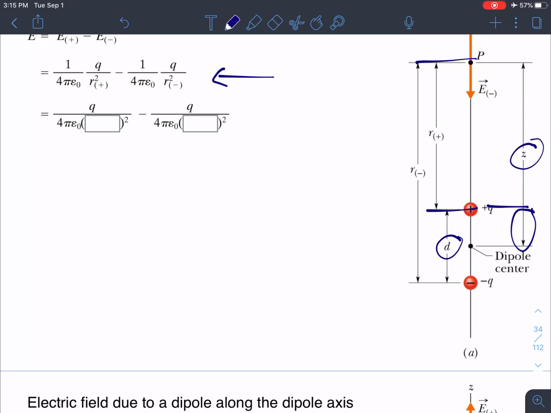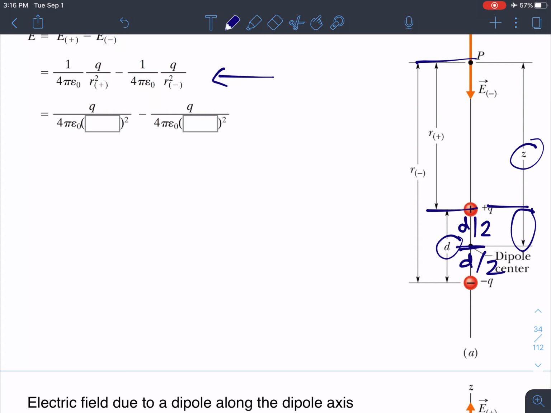Then if I take that part out of z, I can get r plus. Since this was the center, this is half of d, this is half of d. So in the box we should put z minus half d, and now you're going to square that.